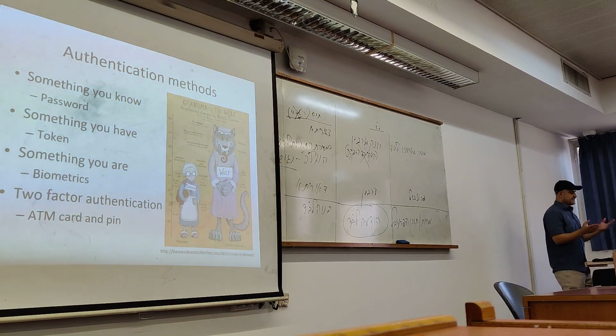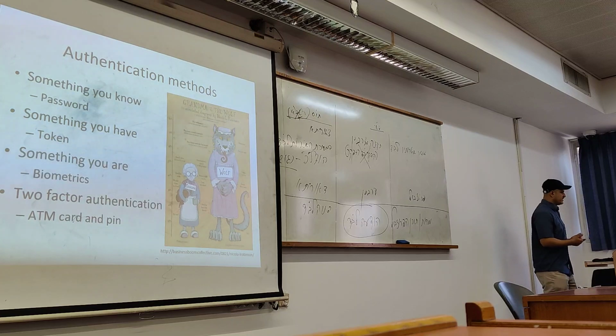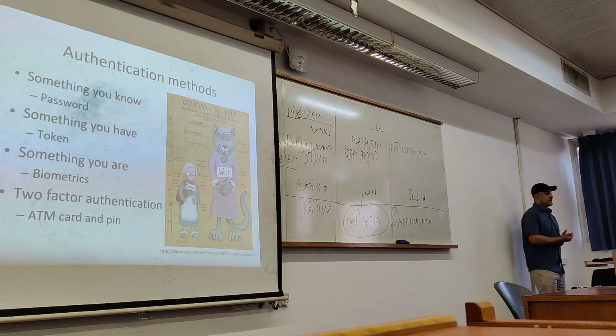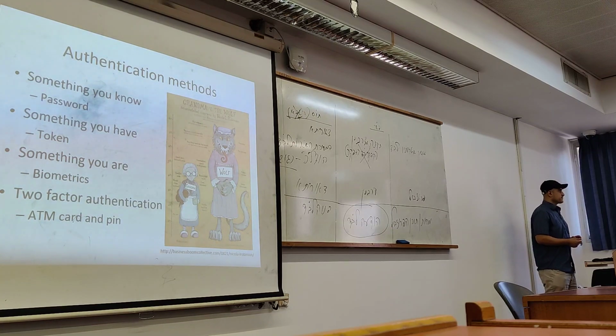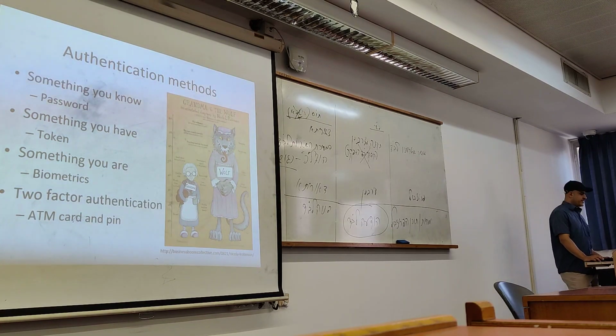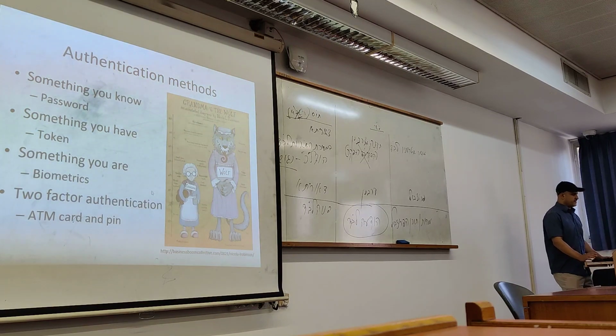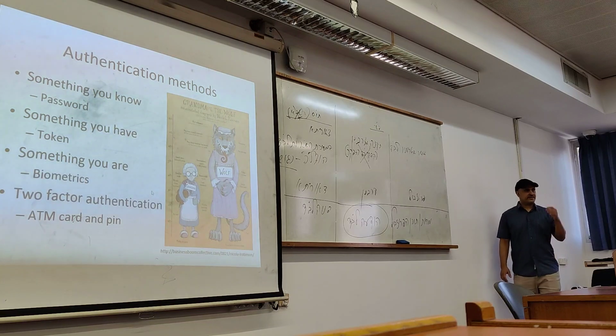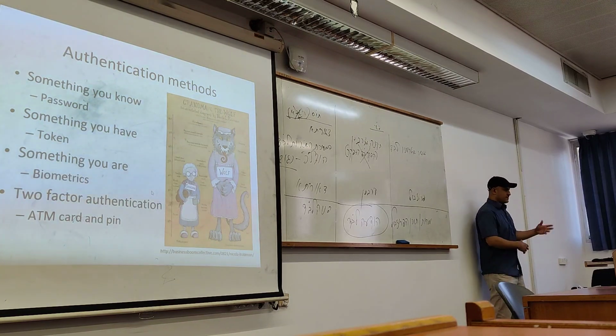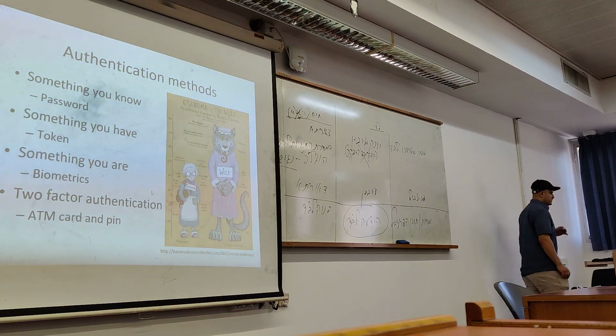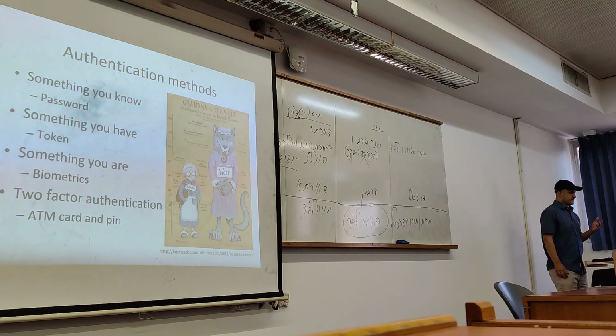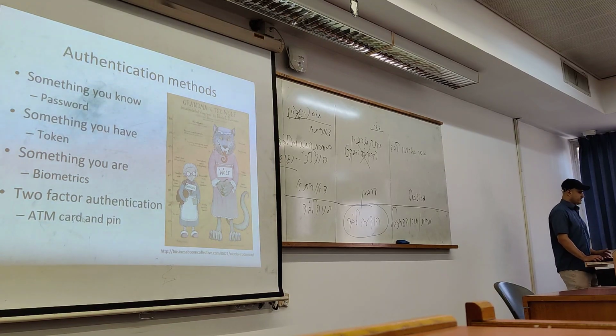Something that you have is a token, and something that you are is biometrics. We can use fingerprints, the retina, the iris.